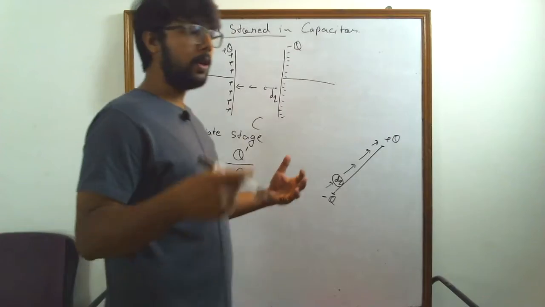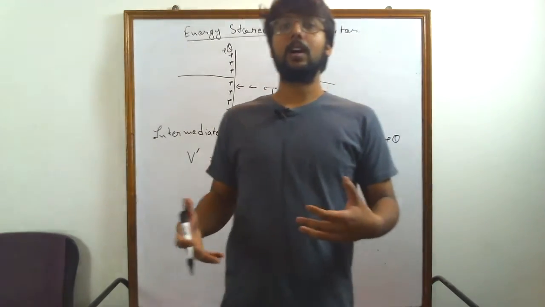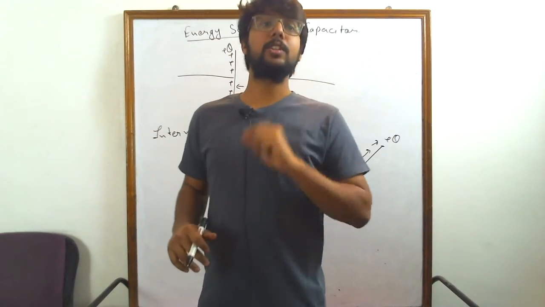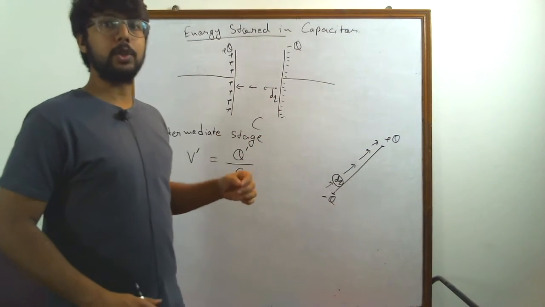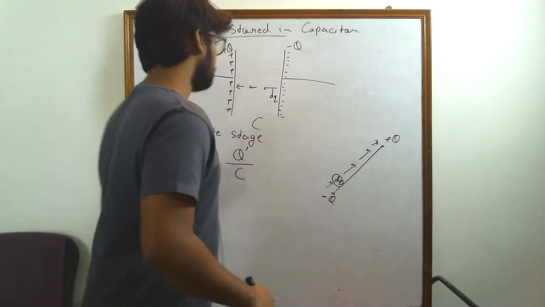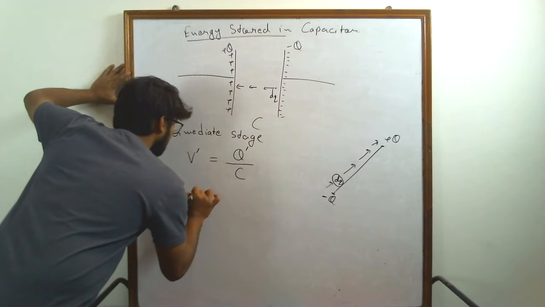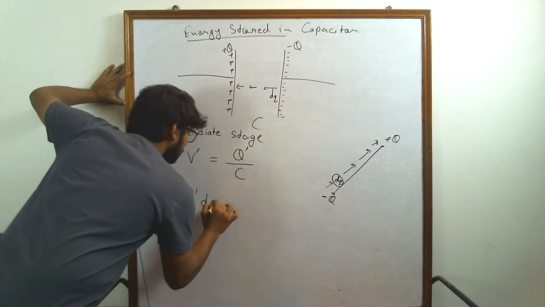Now potential is what? Potential is the work done or the potential energy of a unit charge. So when I am pushing dq charge, how much will be the potential energy? V dash into dq.